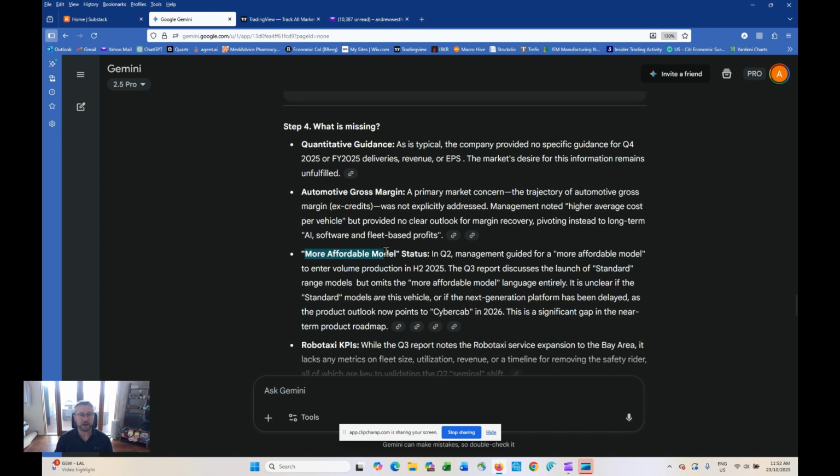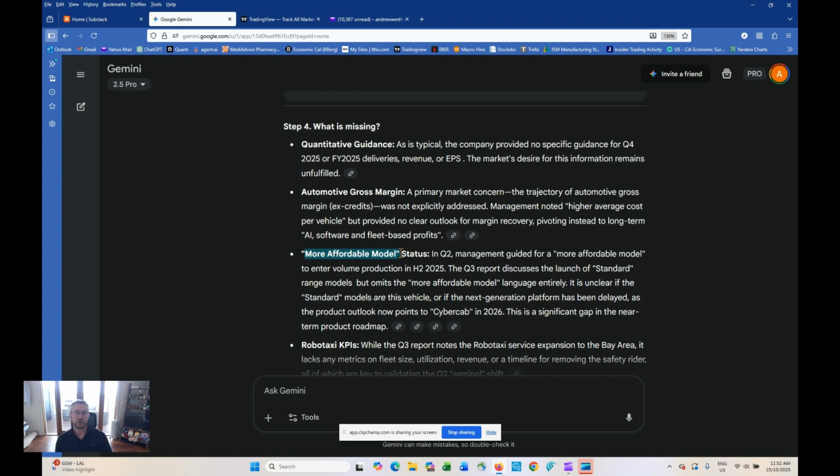It picks up some aspects with respect to the expected developments on this more affordable model. In Q2, management really raised expectations in the market on what would be coming up, with expectations that it would enter volume production in the second half of 2025. There are some pictures of it in the earnings presentation.